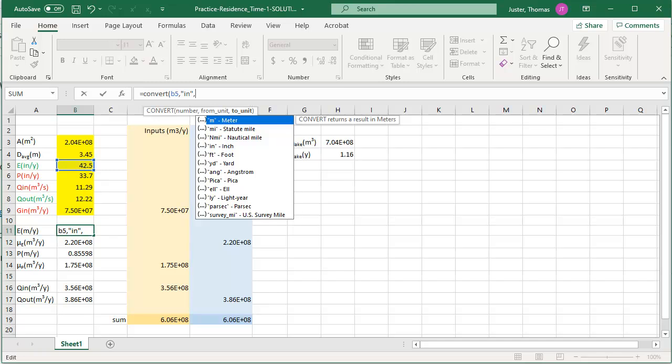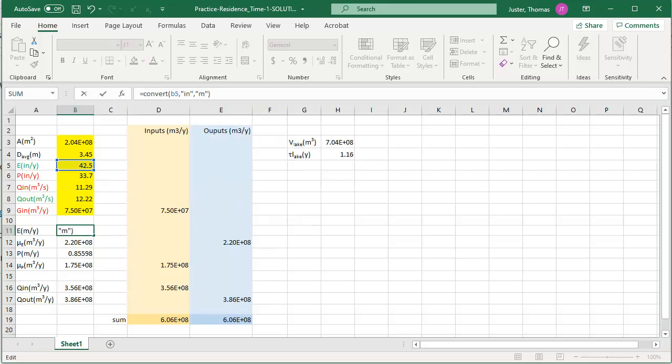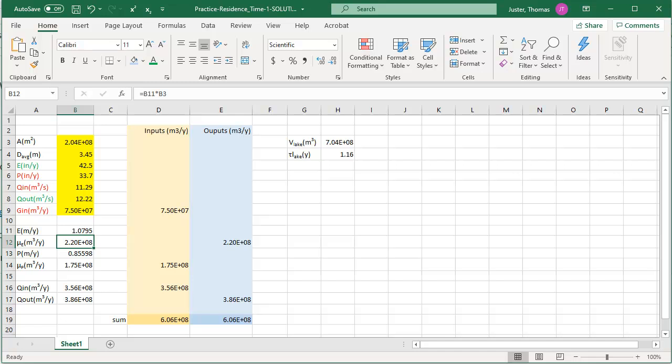I could convert it to nautical miles or picas or light years or parsecs, but in this case I want just plain old meters, which is the first one on the list, which is just M. So this converts my evaporation rate in inches per year to meters per year. That's what's found in cell now B11.